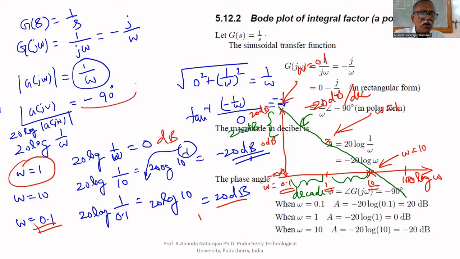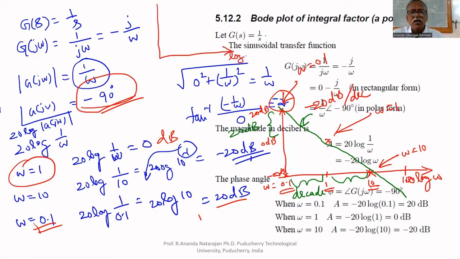So what is the phase plot? Already we have seen that because the real part is 0, we got infinity, so the angle is always minus 90. Therefore, the phase plot looks like this. If you draw the phase plot for this, this is the phase plot, with log omega on the logarithmic scale.